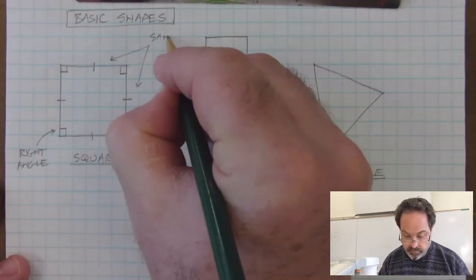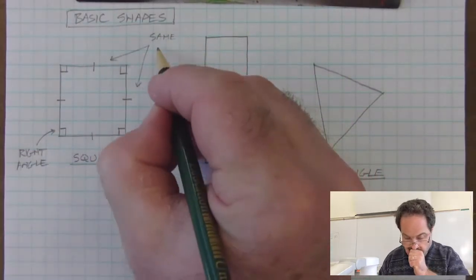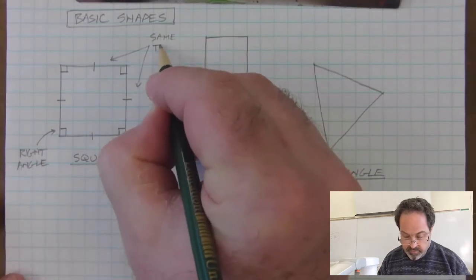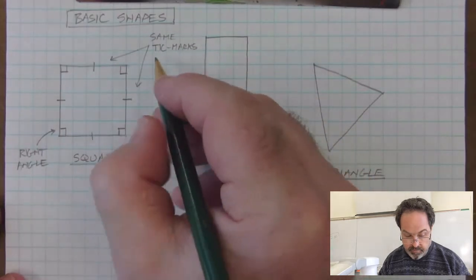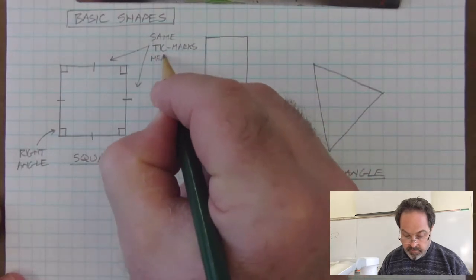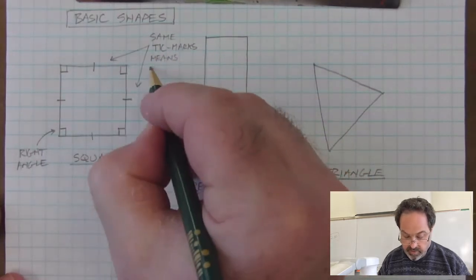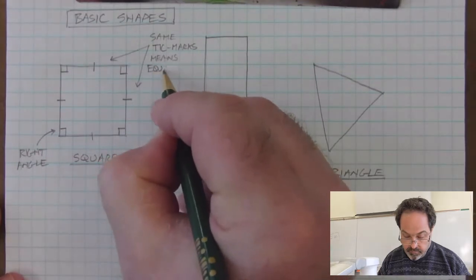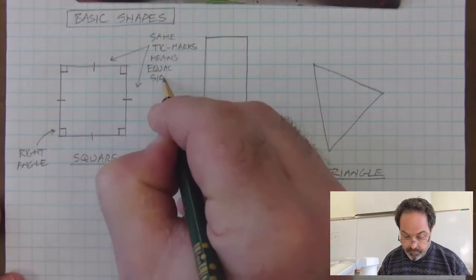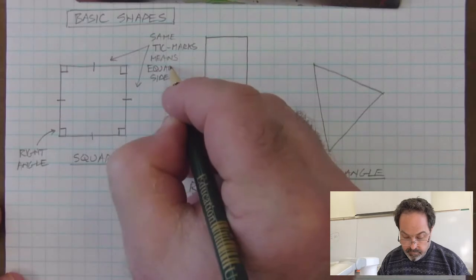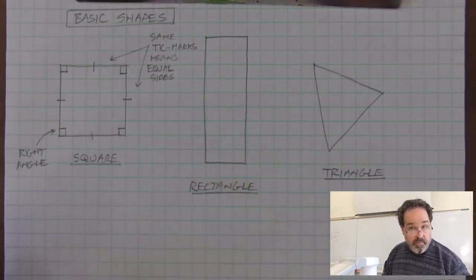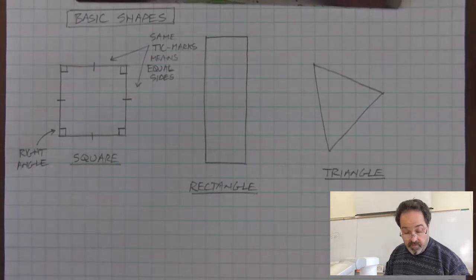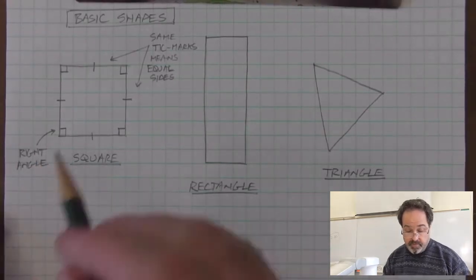Make a note: same tick marks means equal sides. We may not know the measure of the sides, but if we know that they're all equal, then this is a square.